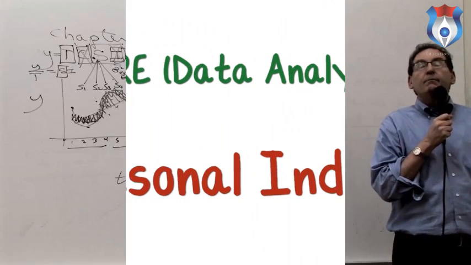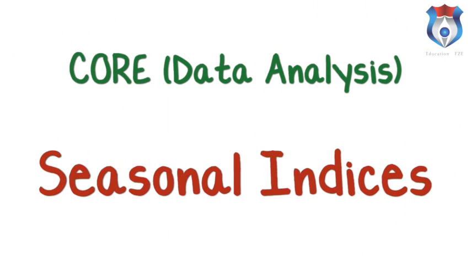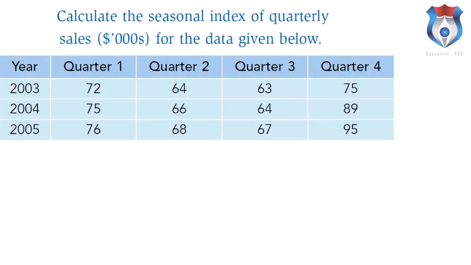Before we plug it into the formula, what? The first step is to calculate the yearly averages. So here we have some data, and for this year, 2003, in the first quarter we had 72, then 64, then 63, then 75. So my first step is to find out for 2003 what was the average.